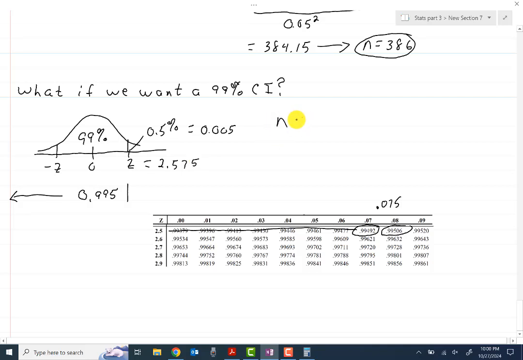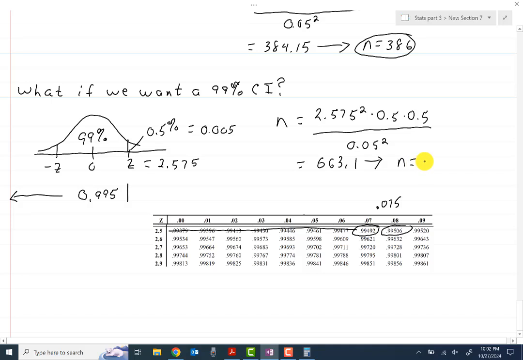So the corresponding n that we need here is 2.575 squared. And we still aren't told the p prime, so we're going to keep using 0.5, divided by 0.05 squared. Here we get 663.1, so round up to n equals 664.